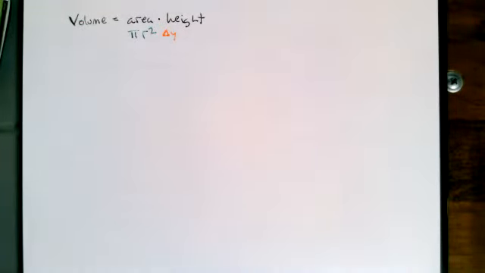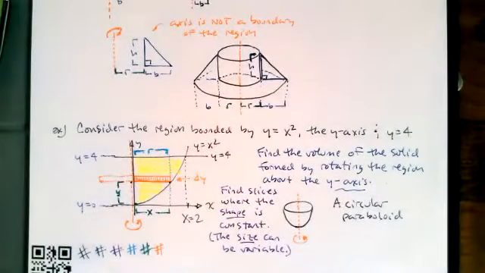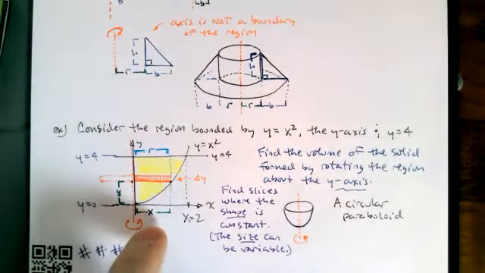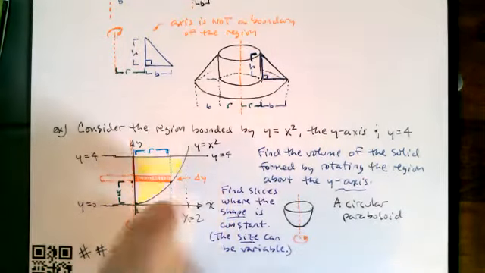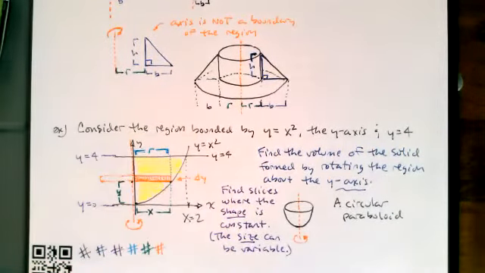This means that we're going to have to write r in terms of y. What we notice on our diagram is that r is equal to x, but that ain't no good. We need it in terms of y. But thankfully, x and y are related since y equals x squared. So since y equals x squared, that means x equals the square root of y.